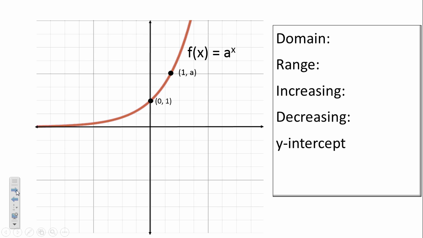So 5 to the 0 is 1, 17 to the 0 is 1, 23 to the 0 is 1. You're always going to get 1 no matter what. Unless we shift it, and we'll talk about the parent shifting.